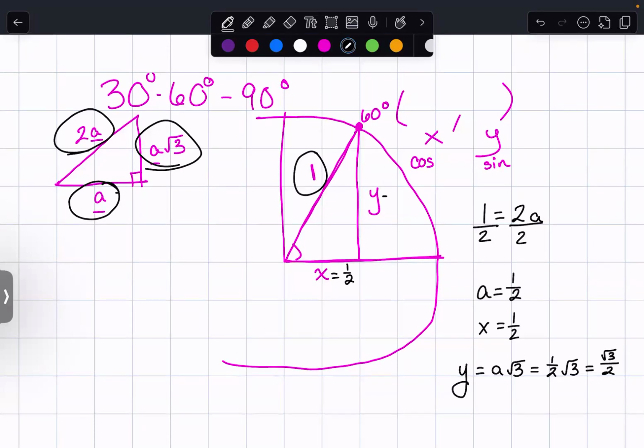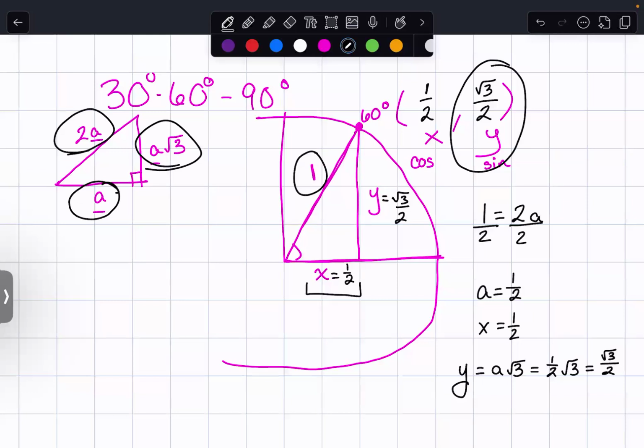So this would be square root of 3 over 2. And I also found cosine, so that's 1/2. Remember we said cosine would be the first one, and sine would be square root of 3 over 2. So if I want to know what is sine of 60 degrees, it is square root of 3 over 2.